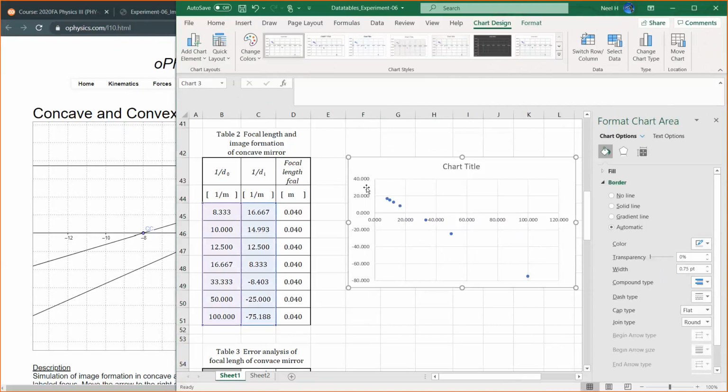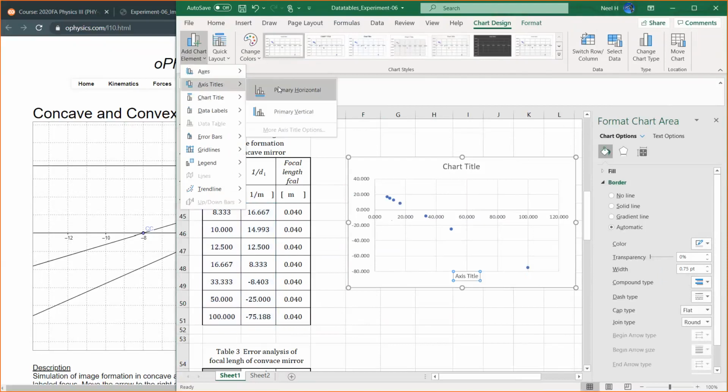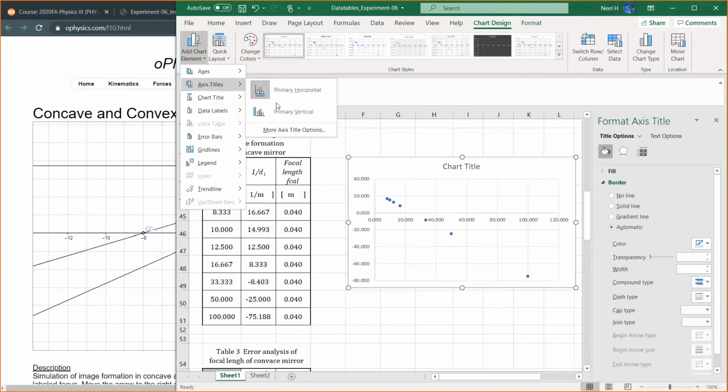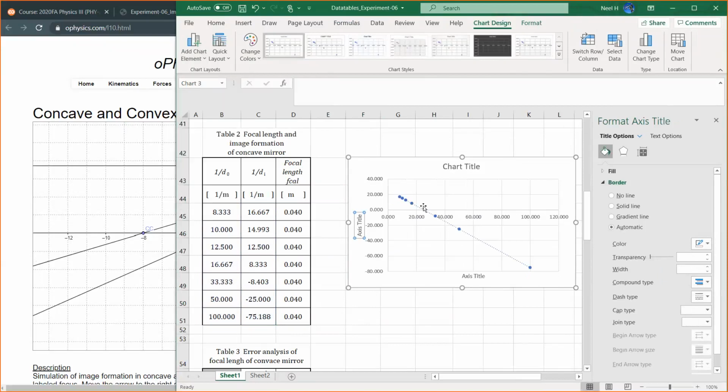You will see a nice straight, continuous linear line. So dotted, I need actually the trend line, right? Double click, chart elements. I need axis titles also, horizontal and vertical, and then also I need the trend line, linear. Now all I need is actually the slope and the intercept of the graph.